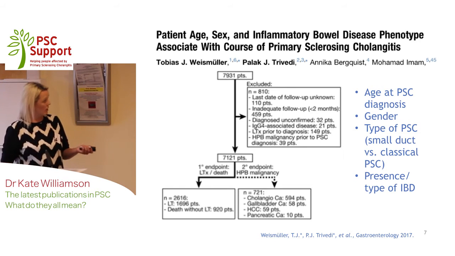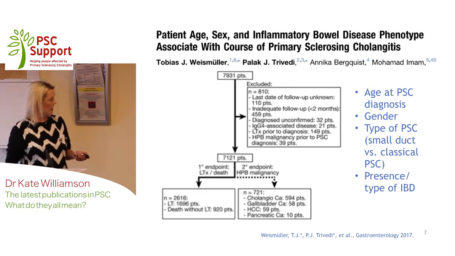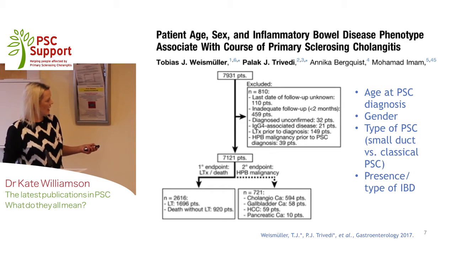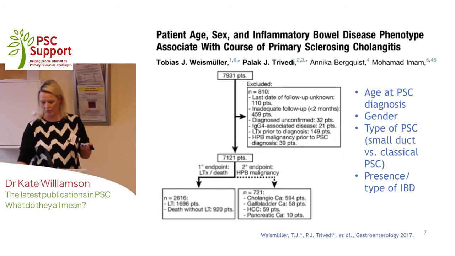And it was also to test all of the smaller studies, some of which Dr. Chapman mentioned earlier. And then of all the patients, 7,121 patients, they asked, did they get a liver transplant or die? Or did they get a liver or bile duct cancer? And then from that, they looked at all the different little components and what the risk was.